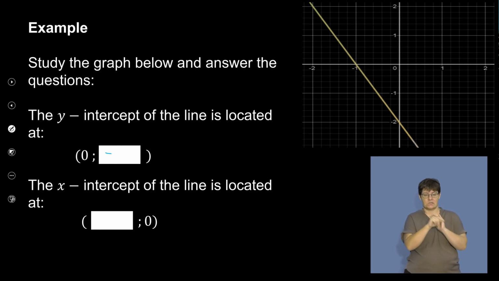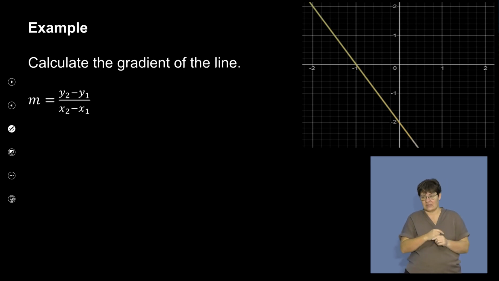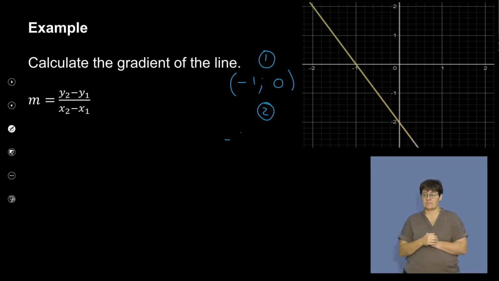So this will be at -2, and then the x-intercept will be at -1, right? And then quickly my gradient, so I'm going to use the 2 coordinates, which is -1 and 0. I will call these my 1s, and then my 2s will be 0 and -2.